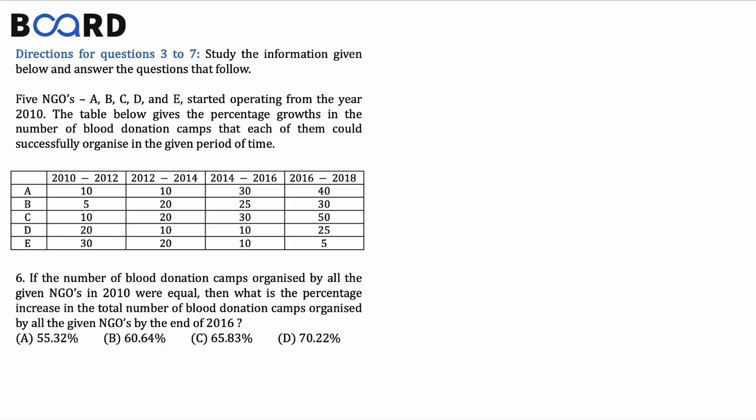So in 2010, we'll have a total value for all the 5 companies. Similarly, in 2016, we'll have a total value of all the 5 companies. And then we have to figure out how much is the percentage increase. So this definitely will take some time, right? You have to accept it.